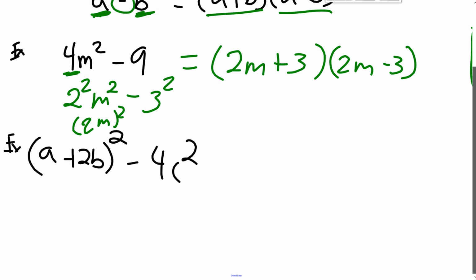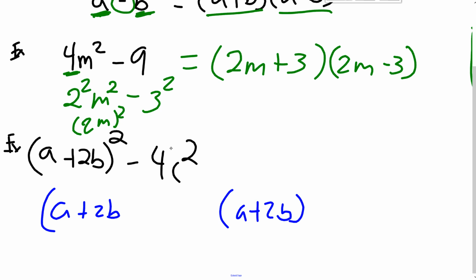What I like to do on these when it's bigger ones is really just say, okay, what's being squared? Well, the a plus 2b is being squared, so that's my first term. And I look at what's being squared here, so I might have to rewrite this. Sometimes I just put a line, and I say what times itself is 4? 2 and 2, so 2 is being squared.